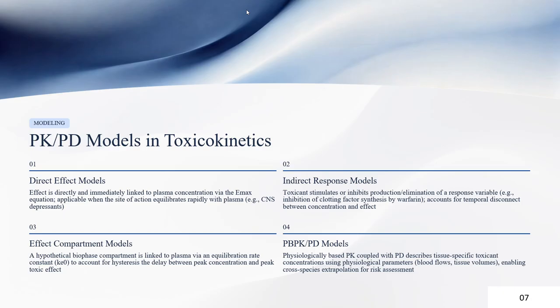This model explains the delay between plasma concentration and the observed effect, a phenomenon known as hysteresis. Then PBPKPD models. PB means physiologically based. Physiologically based pharmacokinetic and pharmacodynamic models simulate tissue-specific concentrations using physiological parameters. These models are widely used in modern risk assessment and regulatory toxicology.